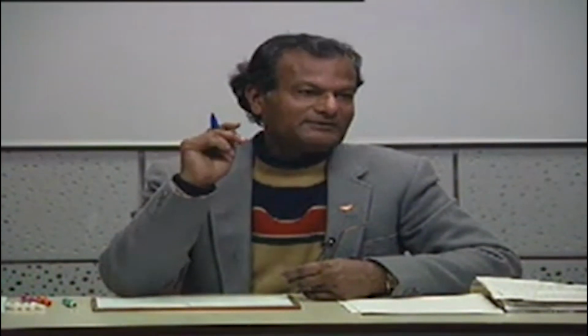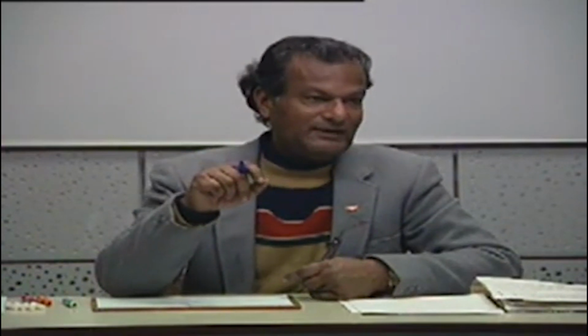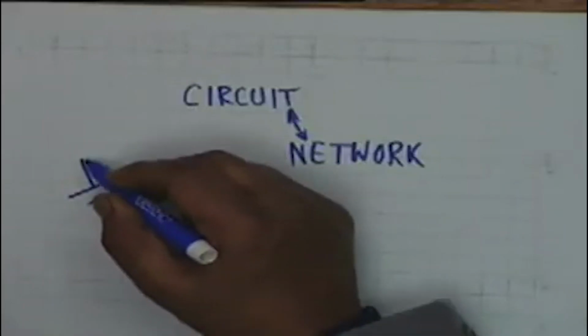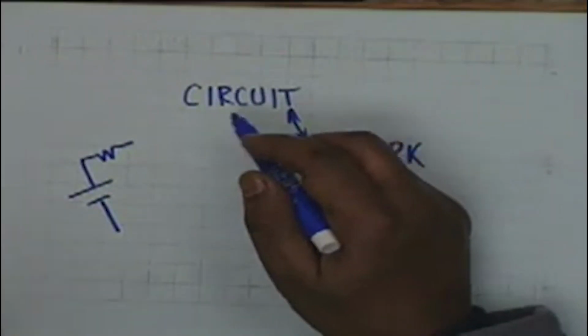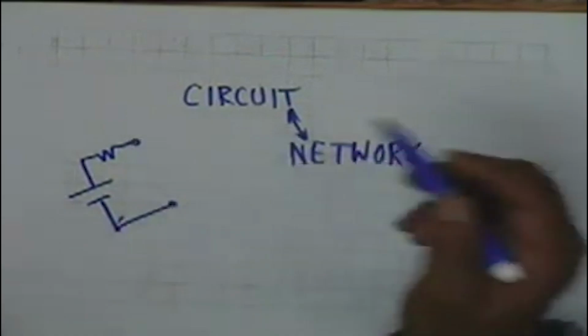A circuit necessarily provides for at least one closed path for the flow of current. A path means a closed path. If a current originates somewhere, let's say in the battery, and then there is a resistance, it cannot be left like this.